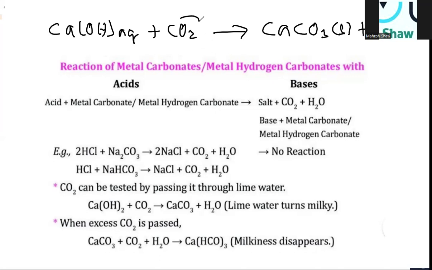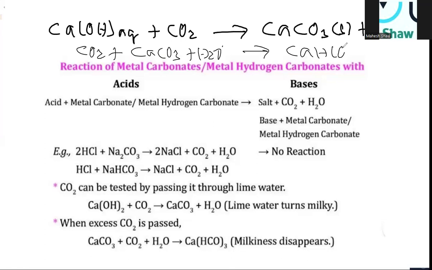So whenever carbon dioxide is passed through freshly prepared lime water, it gives calcium carbonate, and that's why it turns the lime water milky, due to the formation of a precipitate called calcium carbonate. But if we continue to add more carbon dioxide, when excess carbon dioxide is dissolved, then the carbon dioxide will react with this product, that is CaCO3 plus H2O, to give a soluble product called calcium hydrogen carbonate.